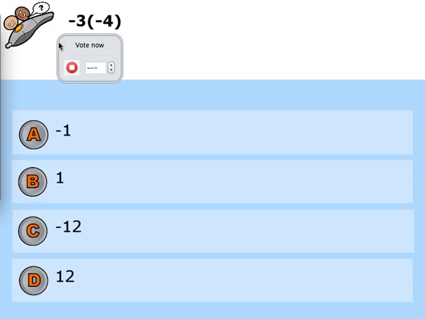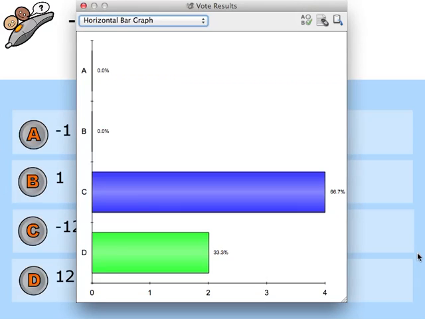Let's look at this. Negative 3 times negative 4. What is negative 3 times negative 4? So obviously we have the 12, so that's good. We have the 3 times the 4.